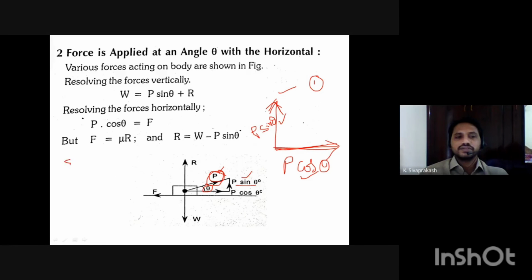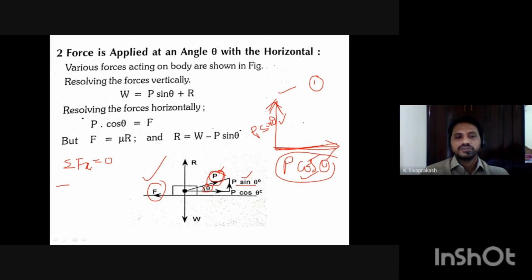The first equilibrium condition: sum of x components equals 0. What are the x components in this diagram? F is an x component and P cos theta is also an x component. Are there any other x components? No, nothing else. So F equals, that is, the sum of the left side forces equals the sum of the right side forces.